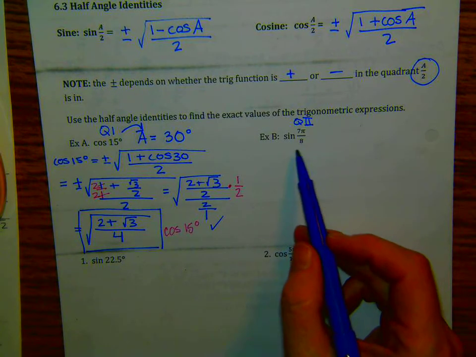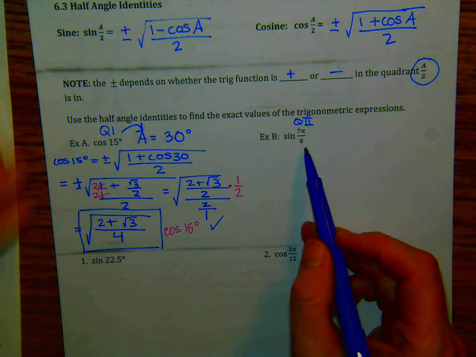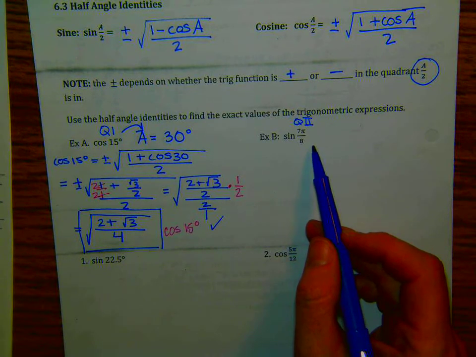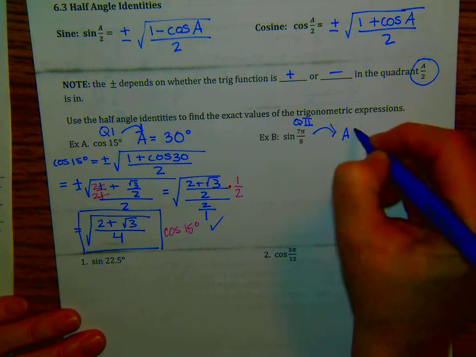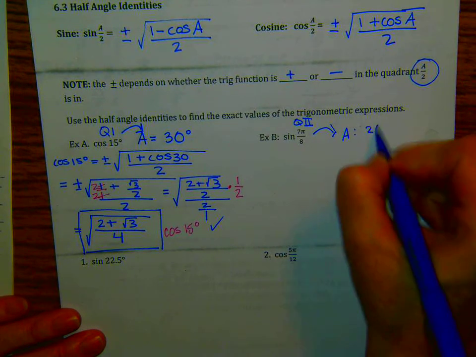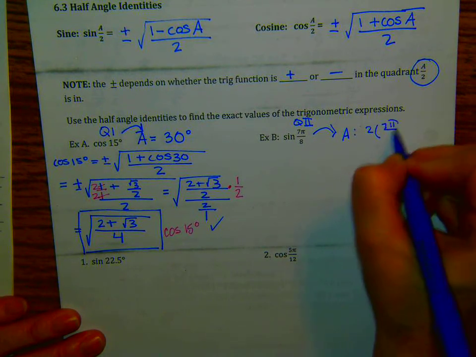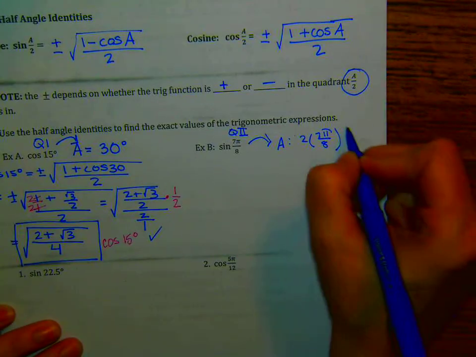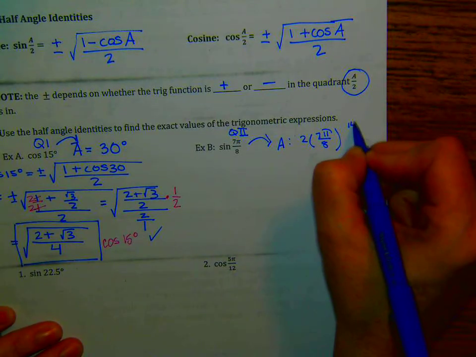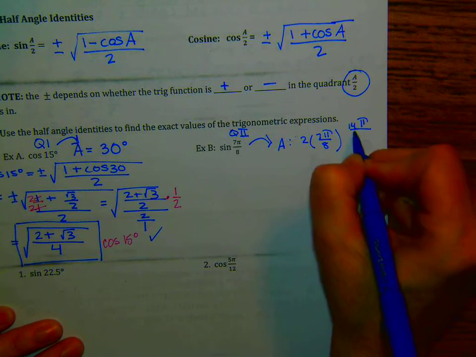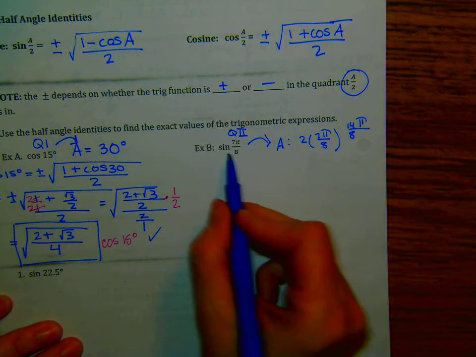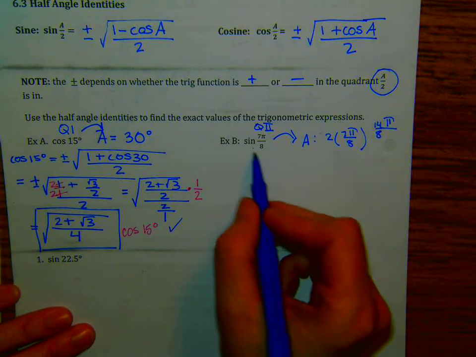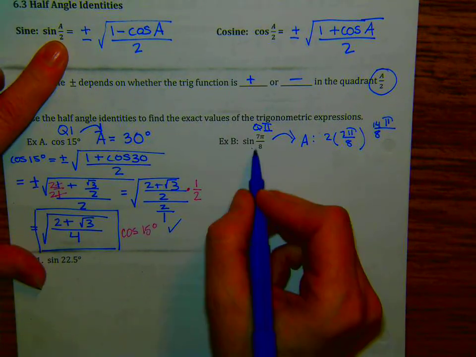All right, let's do one more. We have the sine of 7 pi over 8. So where do we start? Same place. First thing we do is find our a. We double that: 2 times 7 pi over 8 gives 14 pi over 8. Now we're going to use the sine formula.